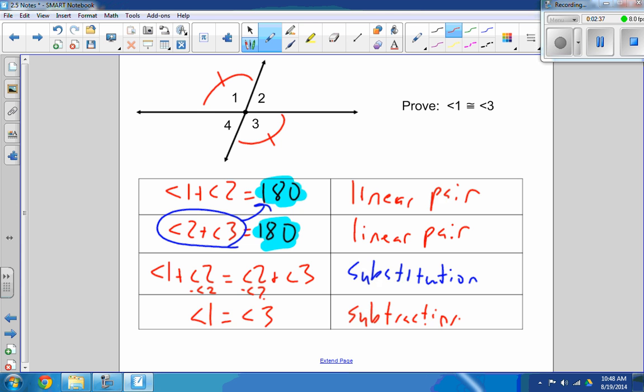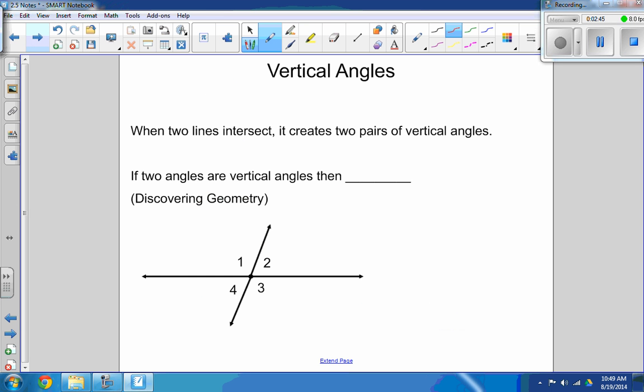Now, if we remember from material in Chapter 1, we know that this is called a vertical angle. Vertical angles are created when two lines intersect. It creates two pairs of vertical angles. If two angles are vertical angles, then they are congruent.